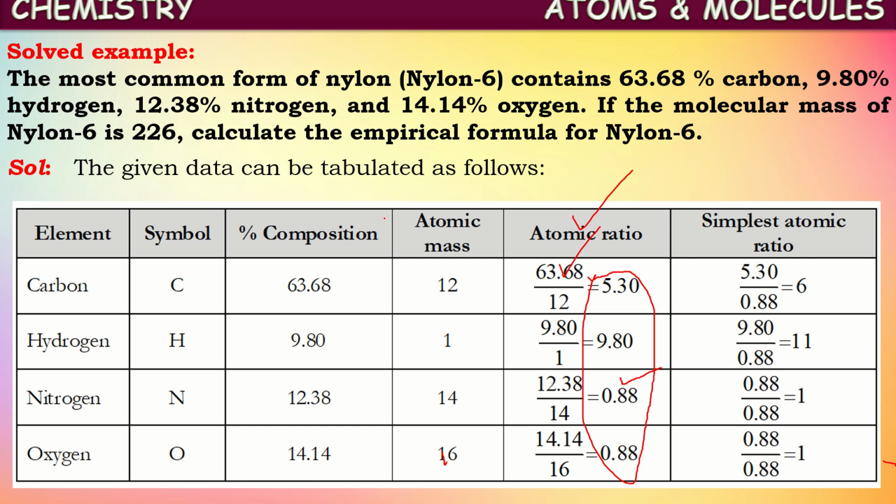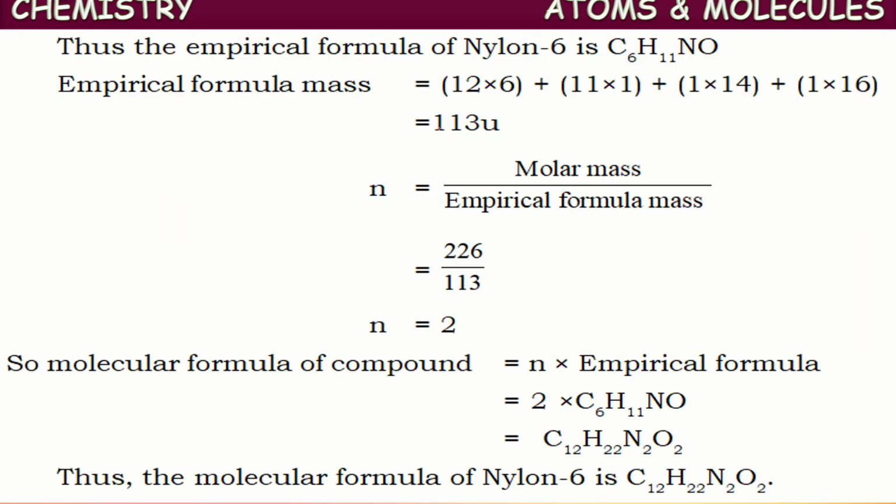For nitrogen 1, for oxygen 1. So C6, H11, N1, O1. So what is the empirical formula of nylon 6? C6H11NO. Simple.